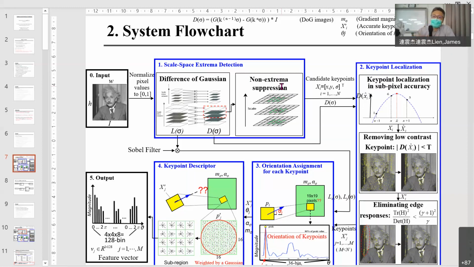So let's do downsampling. We'll talk about the details later, but to give you an idea, we do downsampling, so you have different kinds of scales. That's the idea, the same as in deep learning.